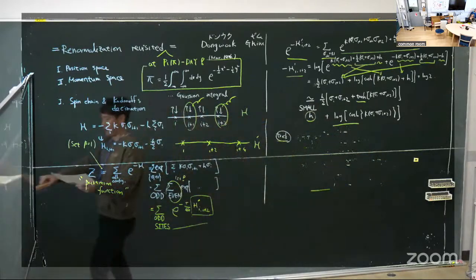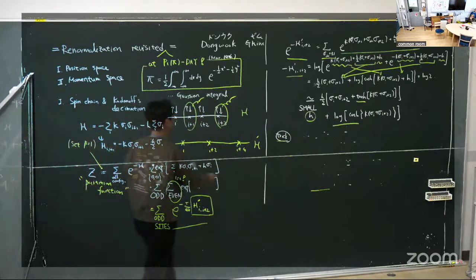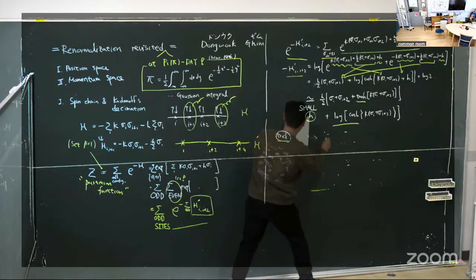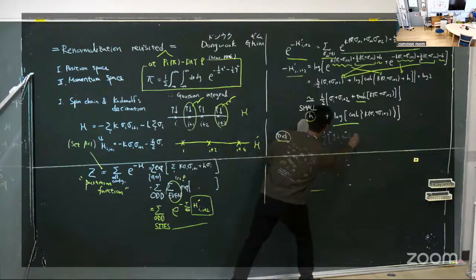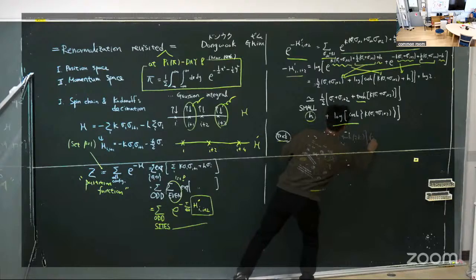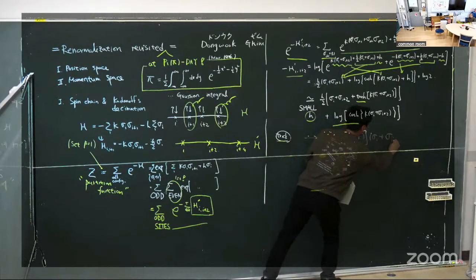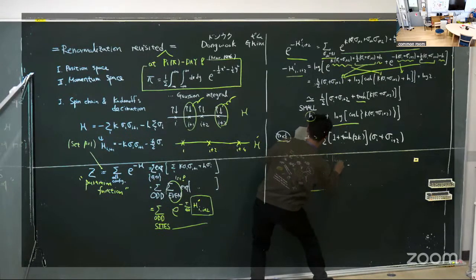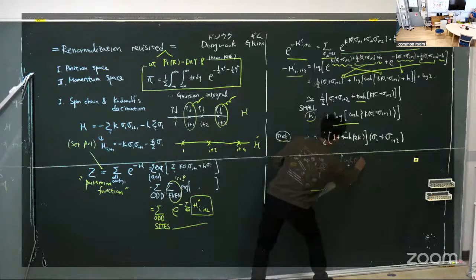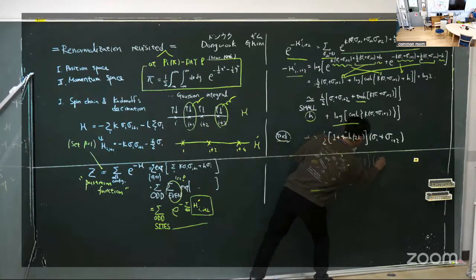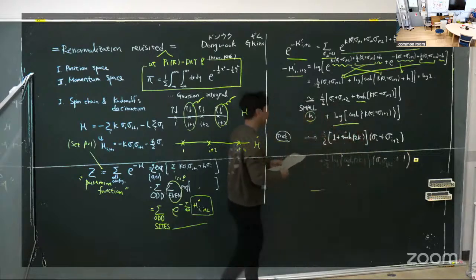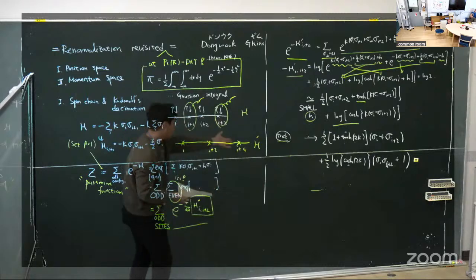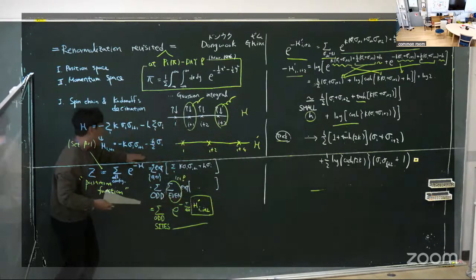Sigma i plus sigma i plus 2, linear piece plus, yeah. Now you can compare that kind of new Hamiltonian with the original Hamiltonian.